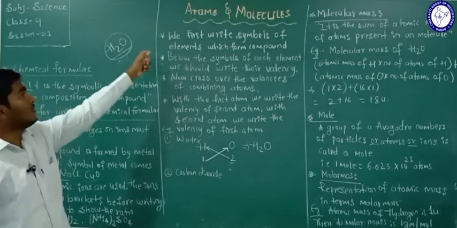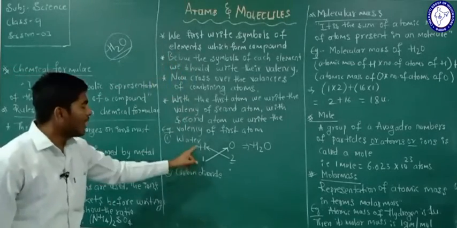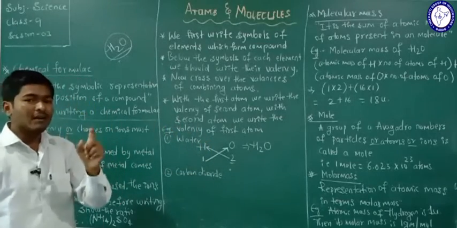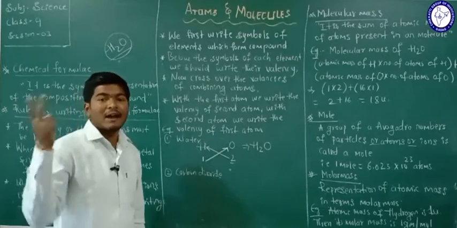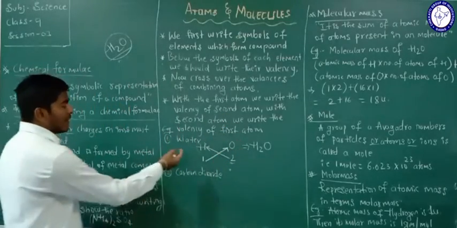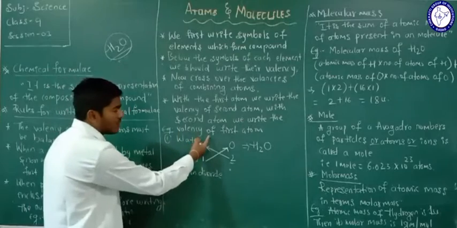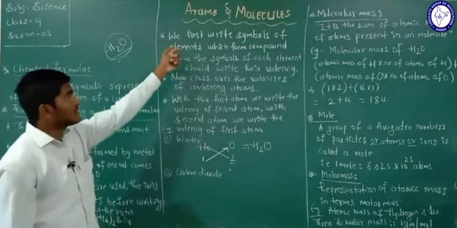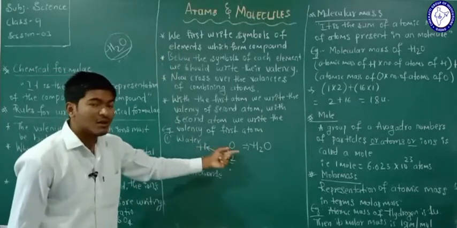What do we first write? The symbols of the elements. I am considering water as an example. Water contains two types of atoms, hydrogen and oxygen. So I am writing H as the symbol of the hydrogen atom and O as the symbol of the oxygen atom. So the first step is to write the symbols of the atoms.